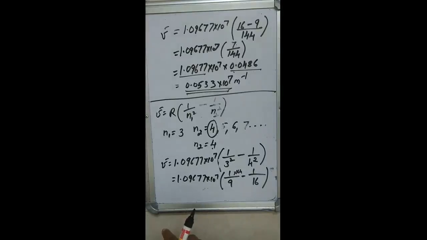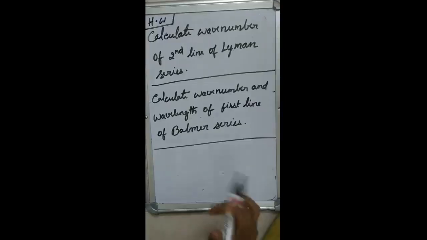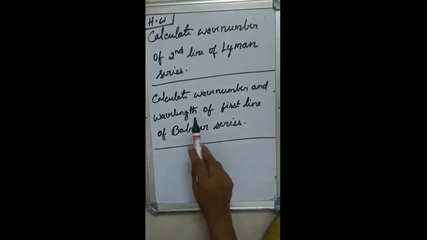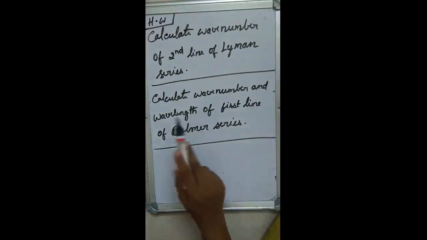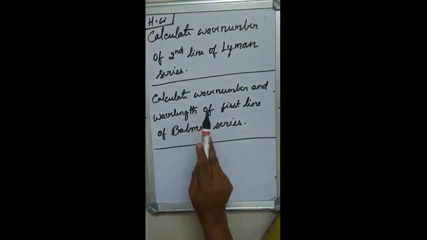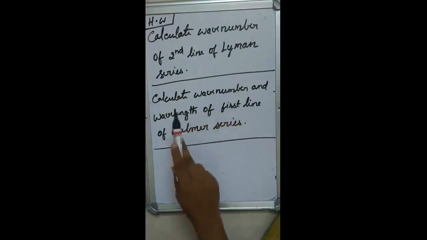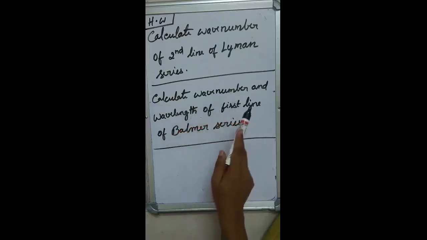I will give a few homework problems to do the calculation. You have to do the calculation and send it to me through WhatsApp. This is the homework. I will read out the questions. First: calculate the wave number of the second line of the Lyman series.